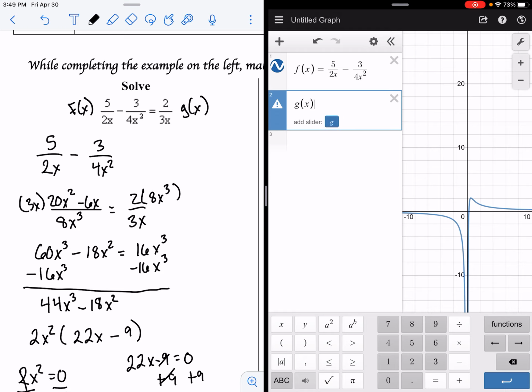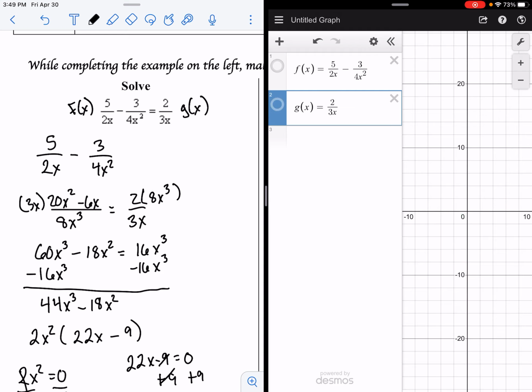Again, all I'm doing here is typing in both functions. I don't care what the graphs look like.